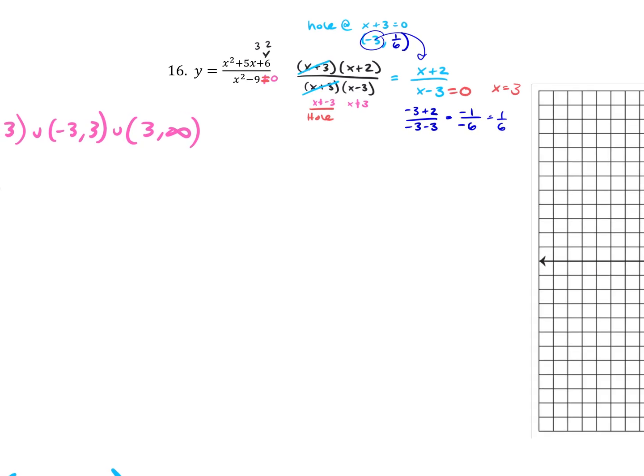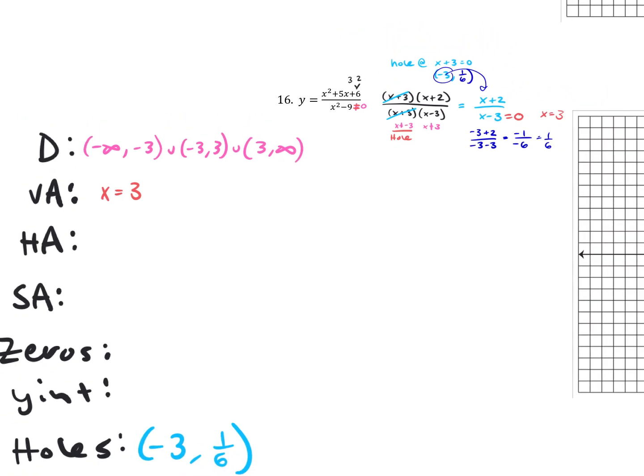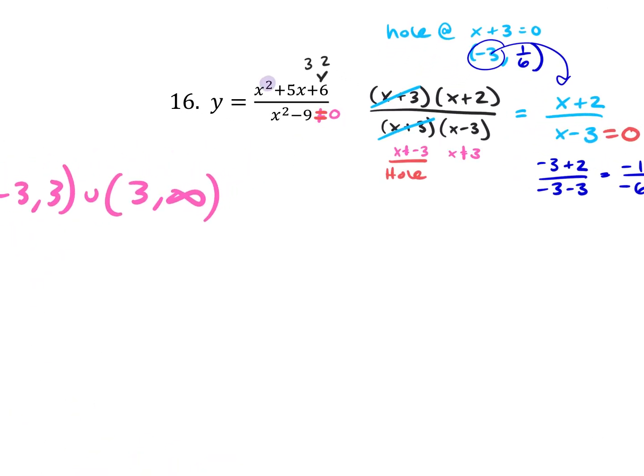Next, let's find our horizontal asymptote. What do we look for our horizontal asymptote? The degrees. So if our degree in our numerator is the same as the denominator, then what are we looking at? The leading coefficient. It doesn't matter here for the horizontal asymptote. If you look at the original or the new one, it'll end up being the same.